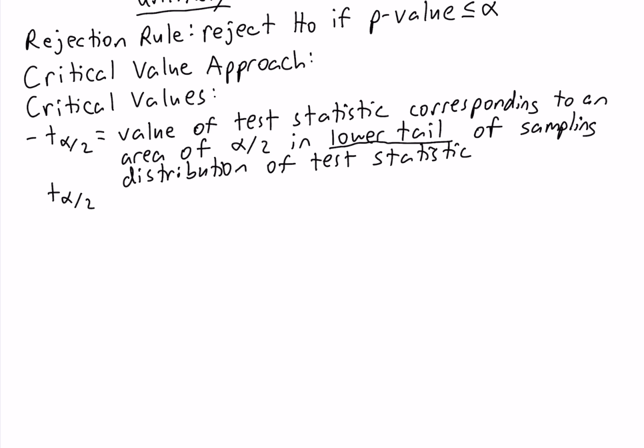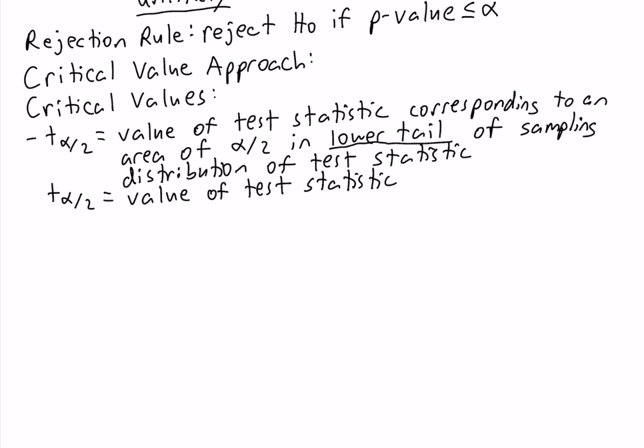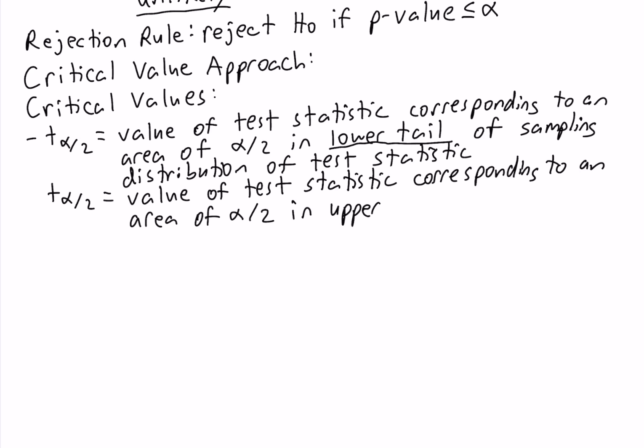So our positive t alpha half is going to be the same exact thing, except it's going to say upper tail. Instead of in the lower tail, it's going to be the t value in the upper tail.